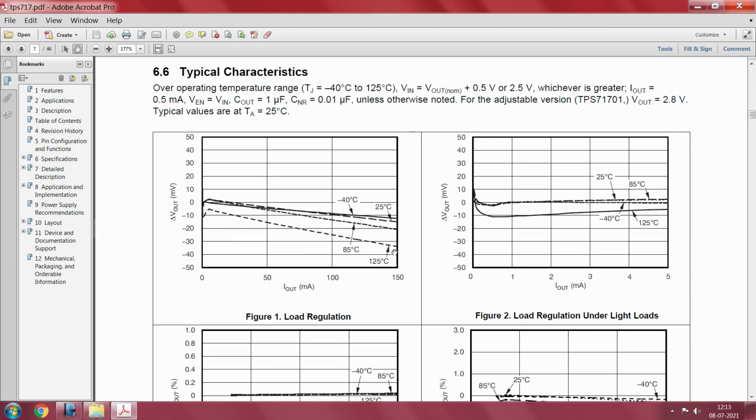Whereas if your temperature is at 85, it is not dropping so much, it is dropping to minus 20 millivolts.